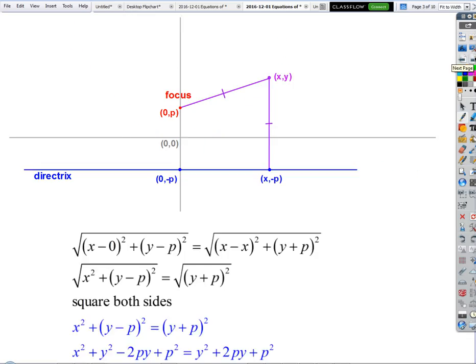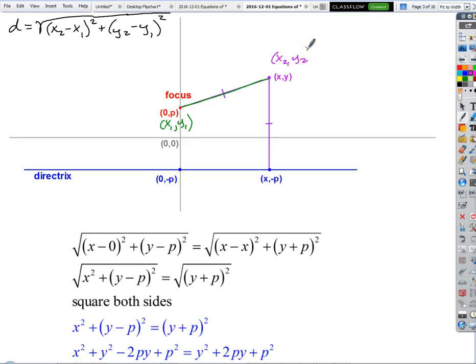So to color code this, let's make this distance green. All we're going to use is the distance formula. The distance formula is just the square root of (x2 minus x1) squared plus (y2 minus y1) squared, right? And for this green segment, we're going to say that this point is (x1, y1), and this purple point up here has coordinates (x2, y2), right?